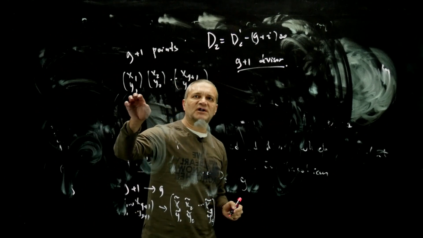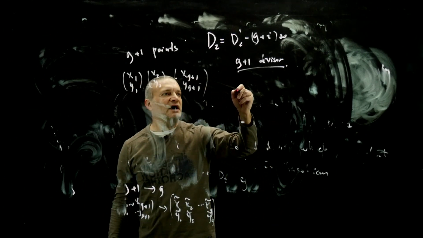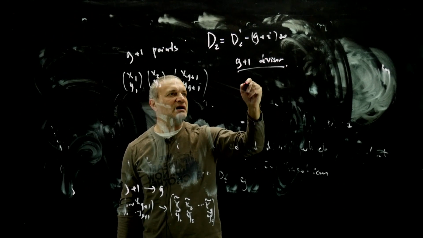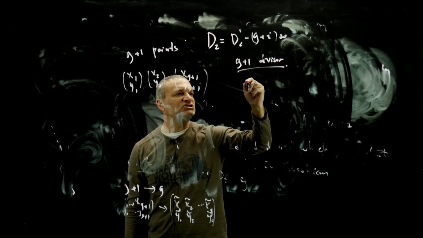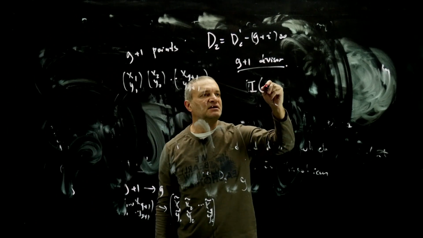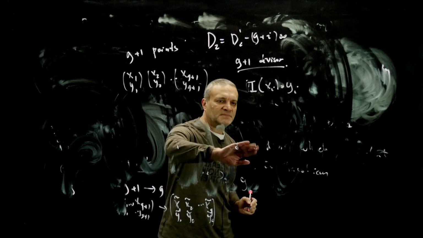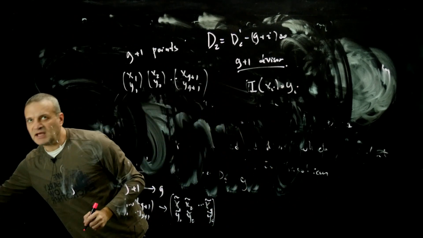I'm going to first do an interpolation polynomial through these points. So I'm going to have p, which is my interpolation polynomial. This will be a unique polynomial of degree g, such that p of xi equals yi. Okay? So that's the first step.